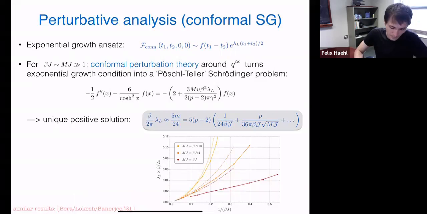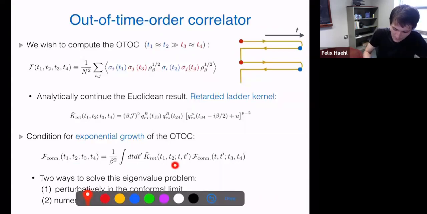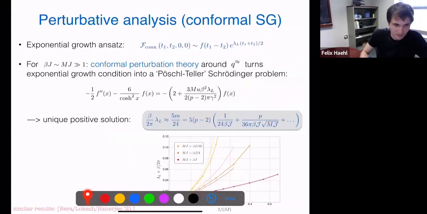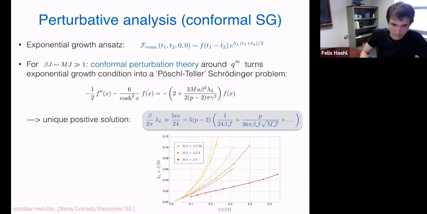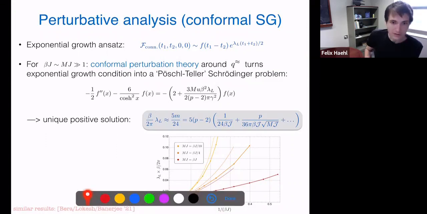And now we can do conformal perturbation theory around this approximate solution. And if we do that, then this equation here just turns into a Schrödinger problem. I should say similar things were found by people who I think are in the audience.